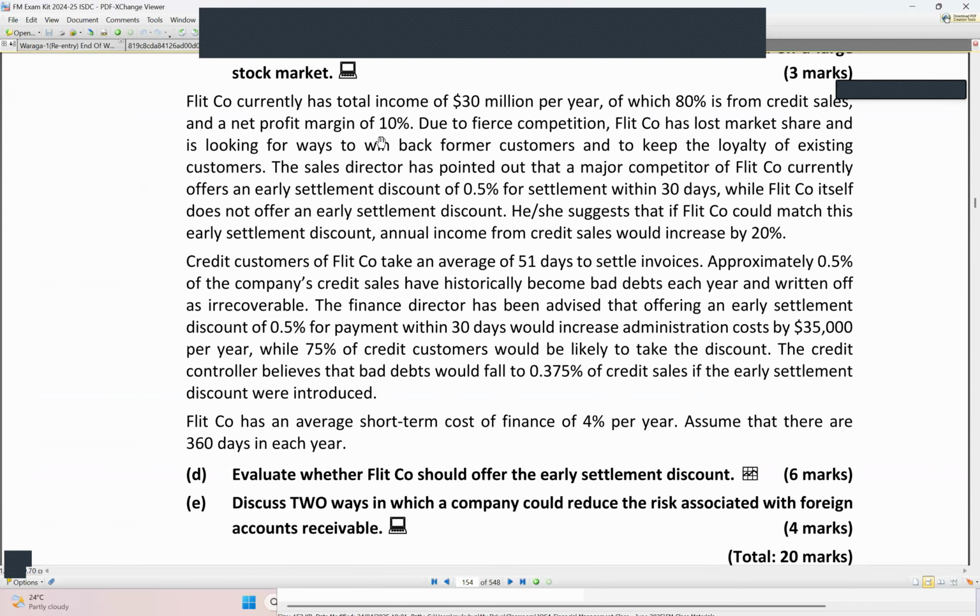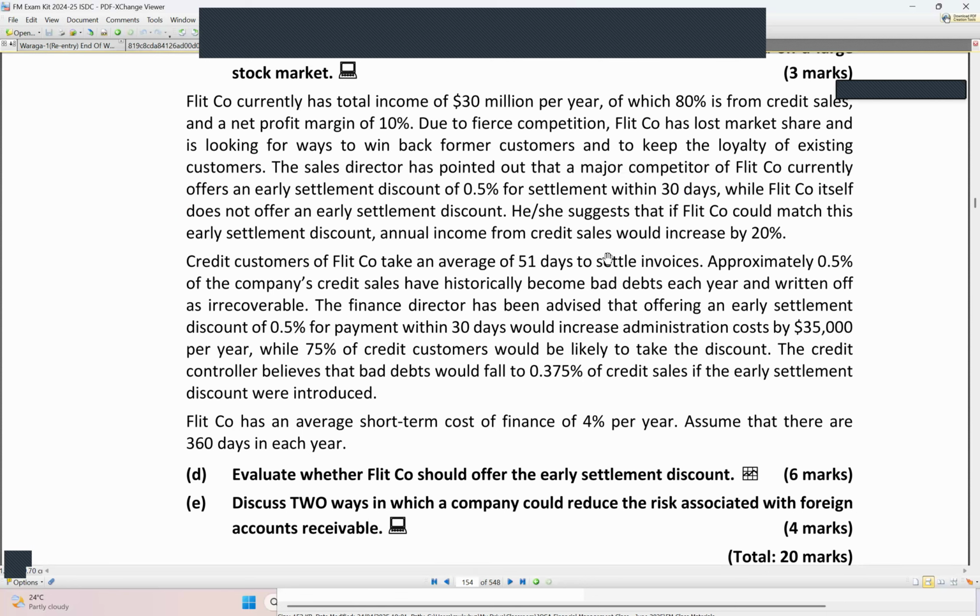Now, net profit margin 10%. Then the sales director has pointed out that the major competitor is offering 4.5 if you pay within 30 days. Right now, people take 51 days. Okay, people take 51 days.